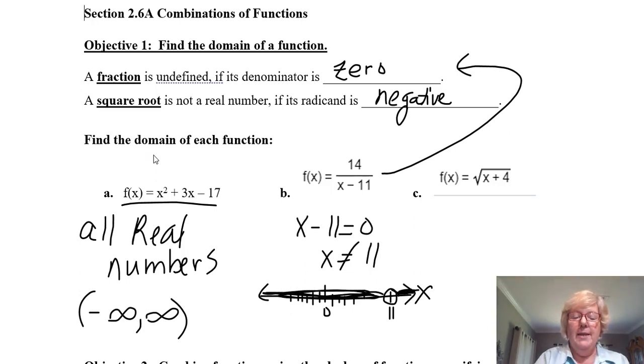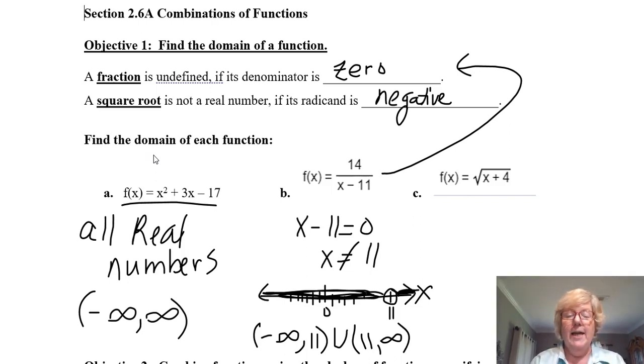So the domain here is written as negative infinity up to 11, and we put a U to symbolize the skip over, or the jump over 11. Then we have 11 comma infinity. Again, this is interval notation, and that 11 breaks your domain, your x-axis, up into two different intervals.